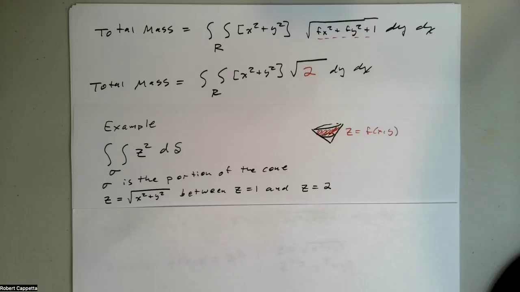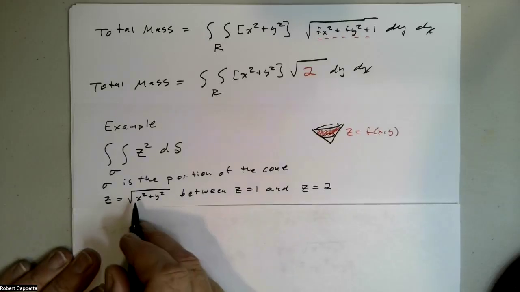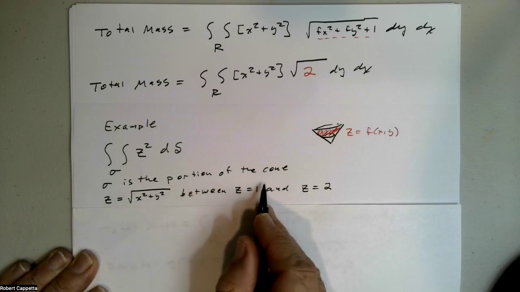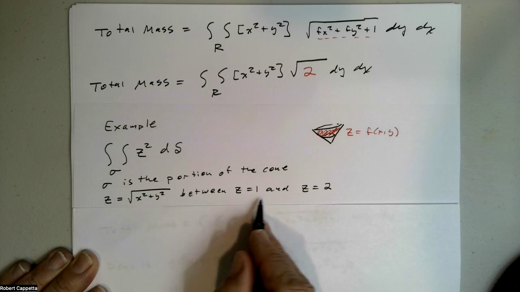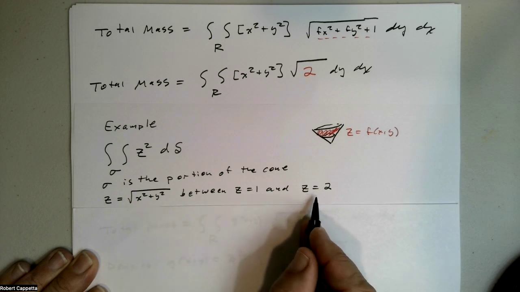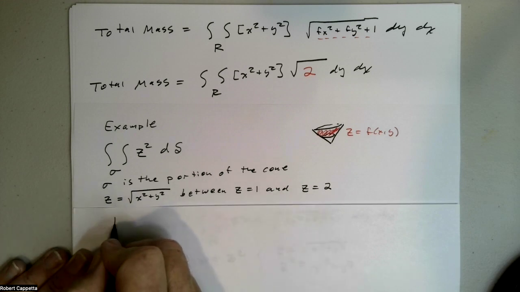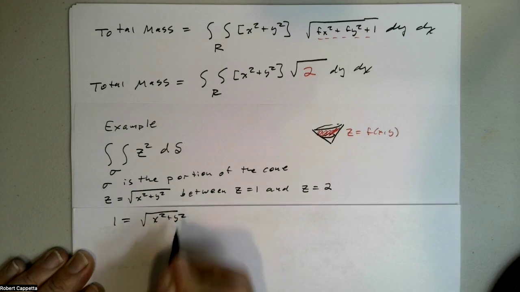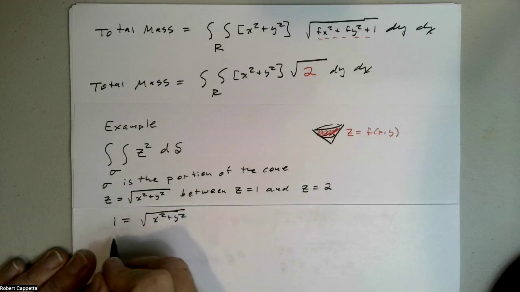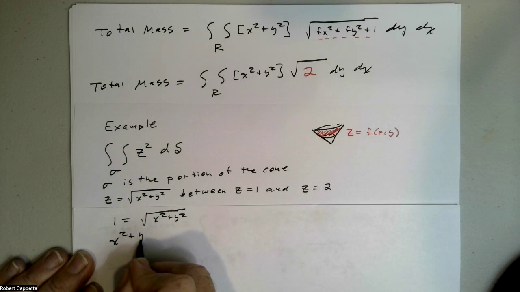So here's our original question. We said sigma represents the portion of that cone z, which is the square root of x squared plus y squared, between z equals 1 and z equals 2. Well, if z equals 1, I get 1 equals the square root of x squared plus y squared, so x squared plus y squared equals 1.